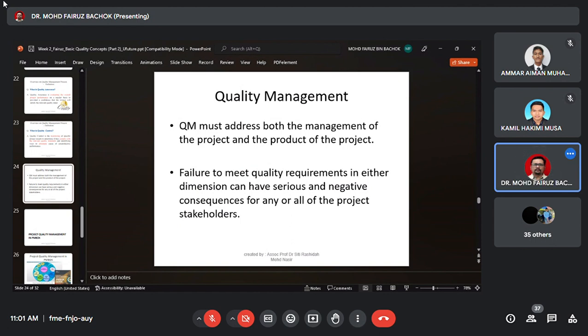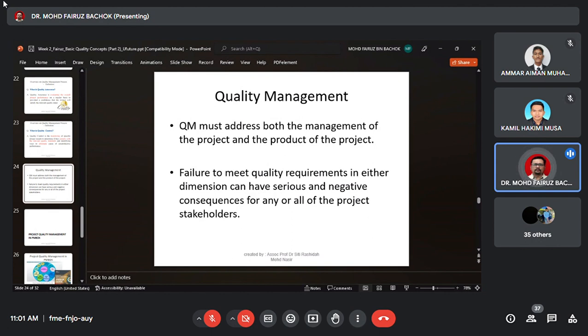If you don't have quality management, then there's no way you're going to produce a quality product. The product of the project actually relies 100% on the management of the project. That's why, to produce a quality product, you need quality management of that project.